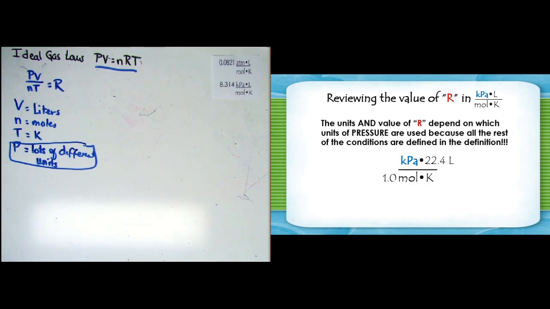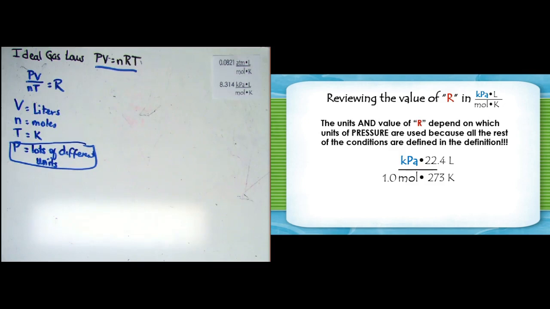That number never changes. Standard temperature is 273 Kelvin. That number never changes. So three of the four numbers here never change.